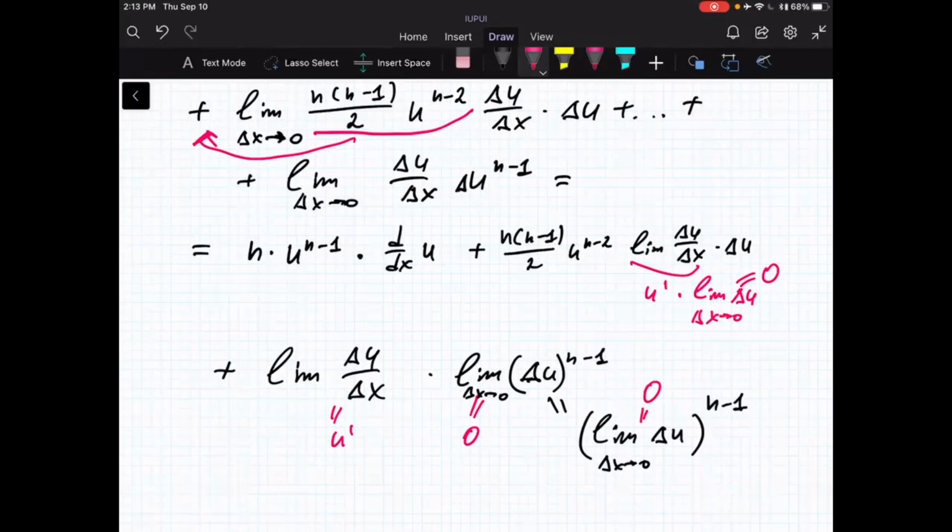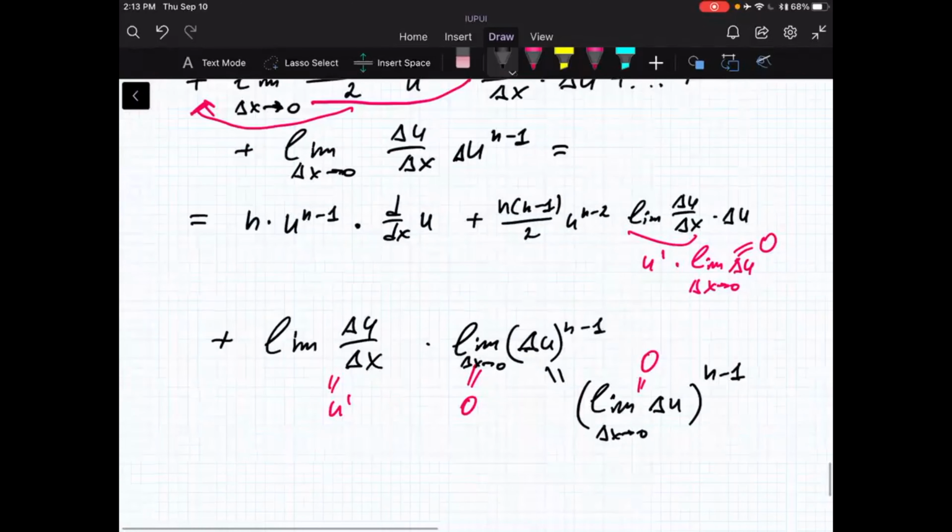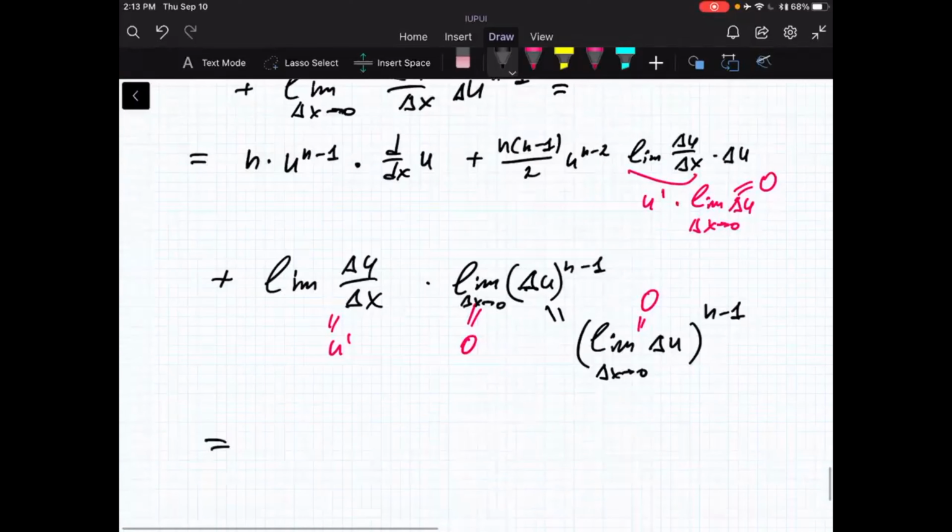Okay, so what is the conclusion? The conclusion is that all other terms except the first one go to 0. And so I get that everything is equal to n times u to the power n minus 1 times the derivative of u. And that's what I needed.